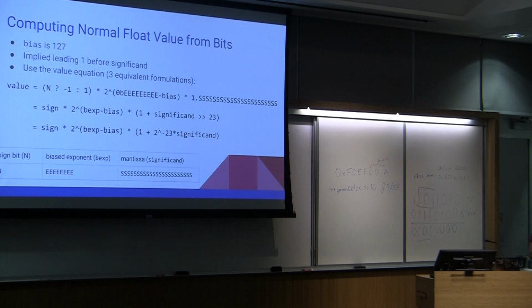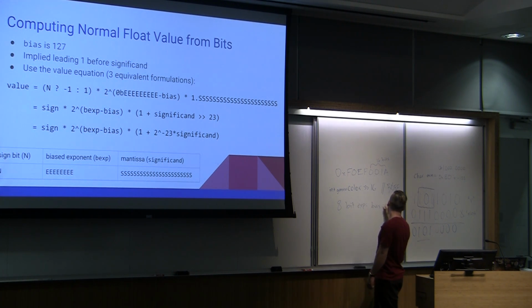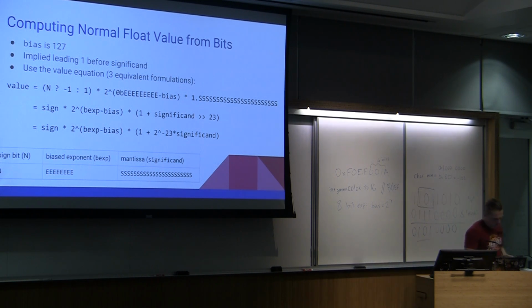The bias for mini float is 7. I'm going to talk about it in a later slide. But the way you compute the bias in general is 2 to the number of exponent bits minus 1. Here we have an 8-bit exponent, so the bias is 2 to the 7th, and then I think we subtract 1 from that.